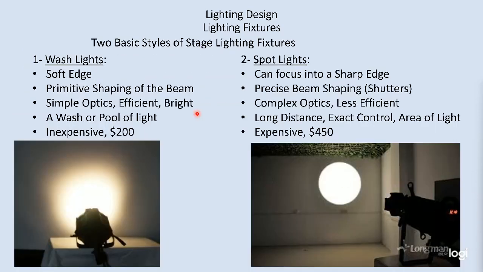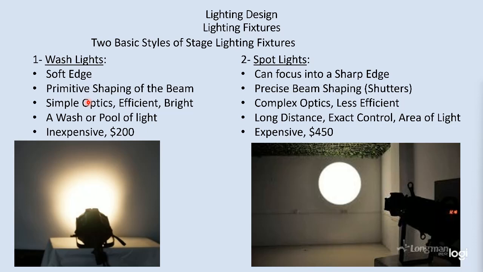There are two basic, the most fundamental types of stage lighting fixtures. First are wash lights. A wash light is soft edge. It has very primitive beam shaping capabilities. Sometimes you can put things onto the front of it like a top hat or a barn door that can primitively affect the shape of the beam, but it's very primitive.